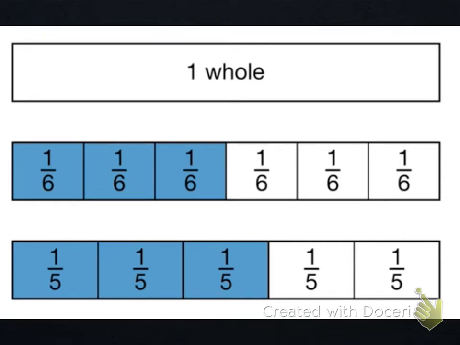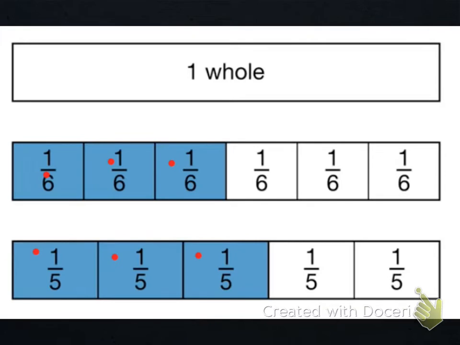If we were to shade in what they have saved so far, we know that Sarah has saved 3/6. So we have shaded in 3 of her parts. 1, 2, 3. We know that John has saved 3/5. So again, we're shading in 3 of his parts. 1, 2, 3. Now looking at this, the rectangle is exactly the same size.